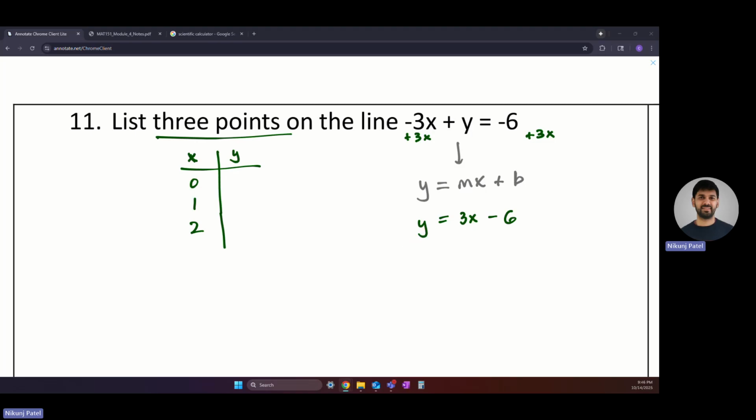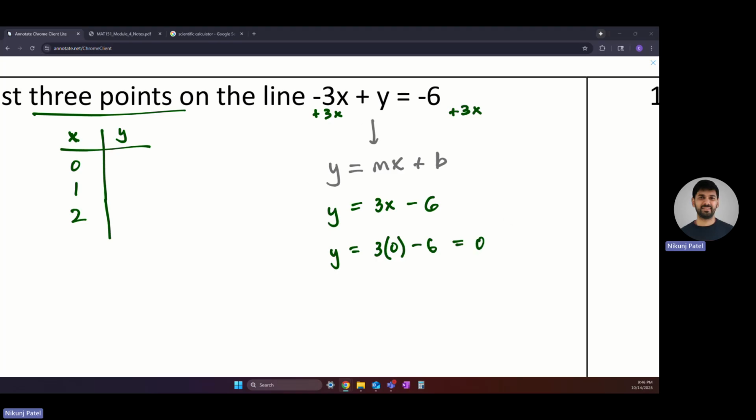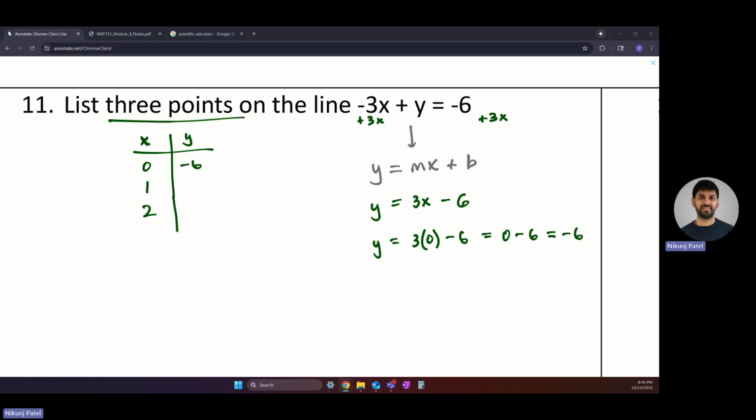So y equals 3 times 0 minus 6. Well, that's 0 minus 6, or -6. So there's the value for 0. There's one point. We need to list two more. We could take the next one and do y equals 3 times 1 minus 6. Well, that's 3 minus 6, or -3.